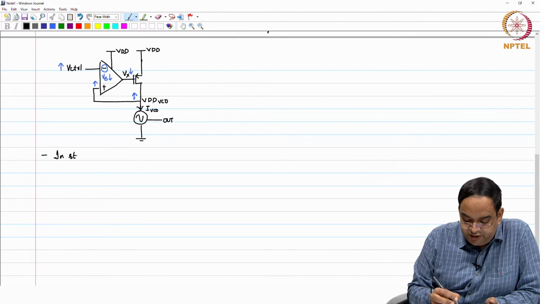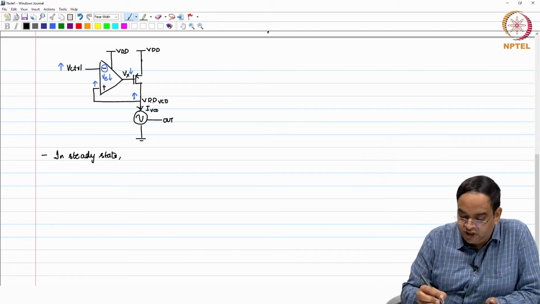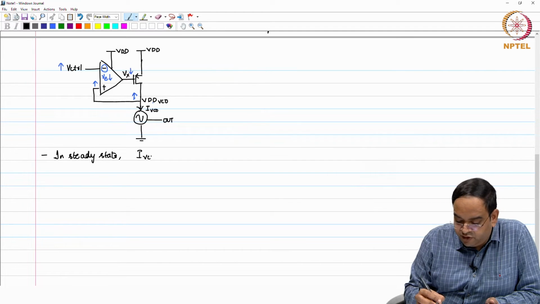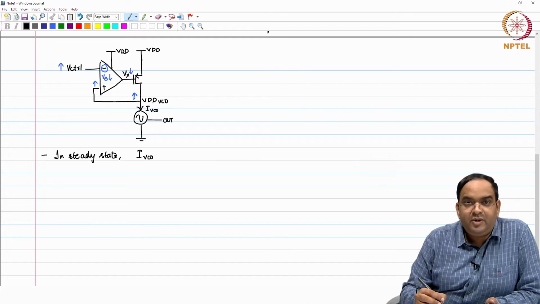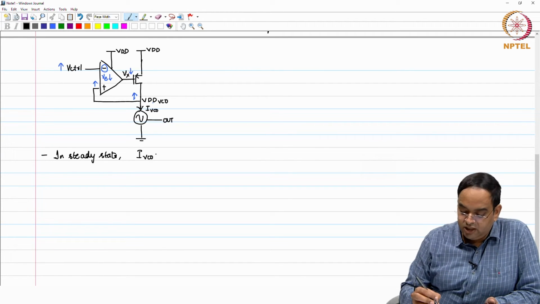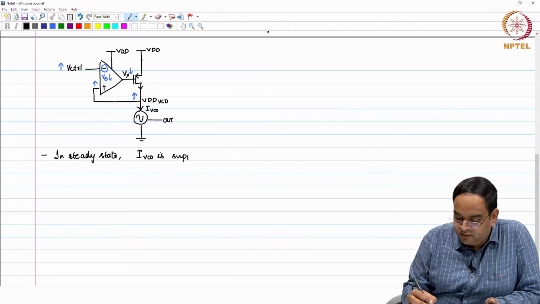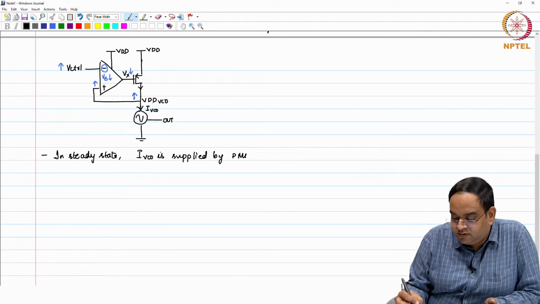So, here in steady state, or when things have settled, the average Vco current, or I Vco, whenever I am writing here as I Vco, you can think that this is the average Vco current. The average Vco current is supplied by Pmos.